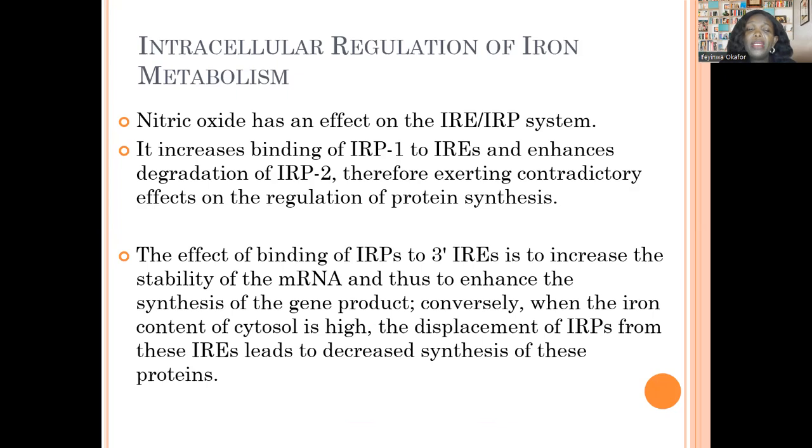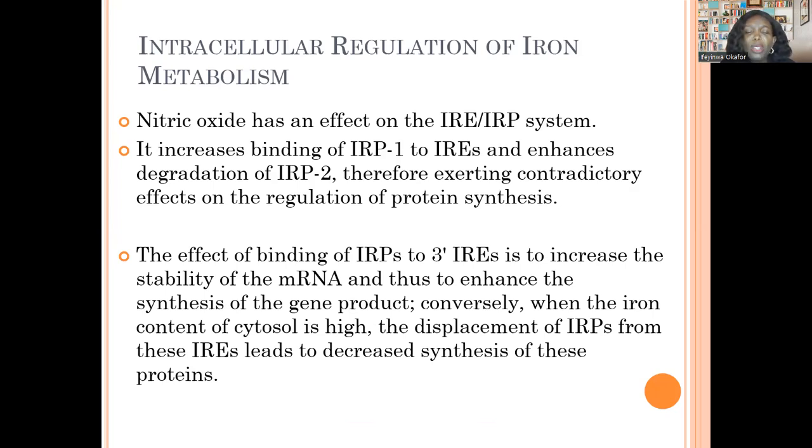Nitric oxide increases binding of iron regulatory protein 1 to iron-responsive elements and enhances the regulation of iron regulatory protein 2, therefore exerting contradictory effects on the regulation of protein synthesis.